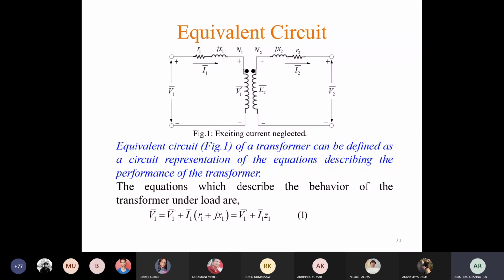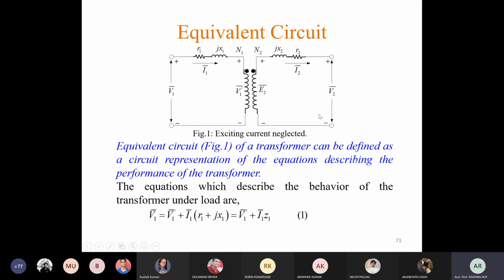If we add this with V1 dash, which is equal to the induced EMF but in opposite direction, then we will get the applied voltage V1. So this is the voltage equation for the primary side.